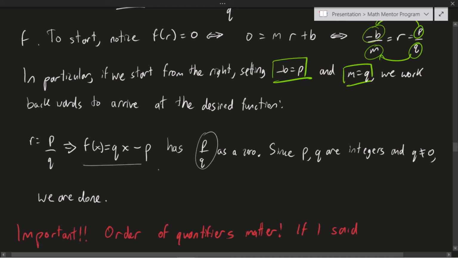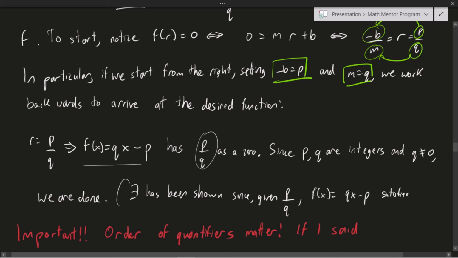So the existence part has been satisfied, since given our rational number p over q, f of x is equal to qx minus p satisfies the conditions. Okay, and this is a sort of standard existential proof.